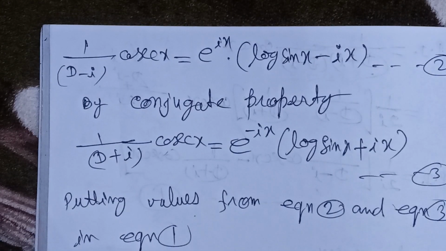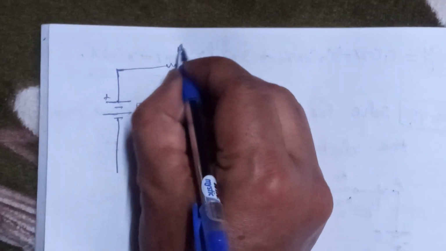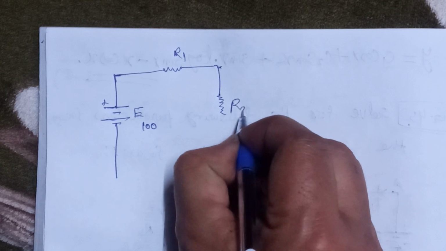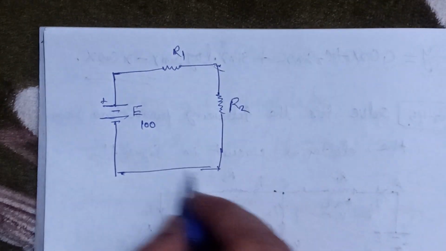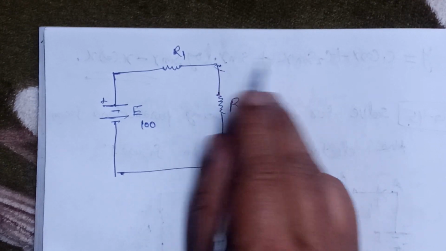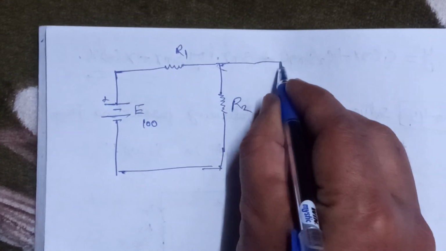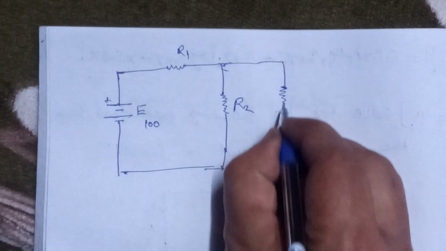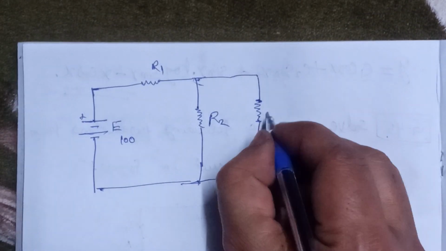EMF is 100 volt, and R1, and R2, and the equivalent resistance of R3, R5, and R4, which I call R dash.